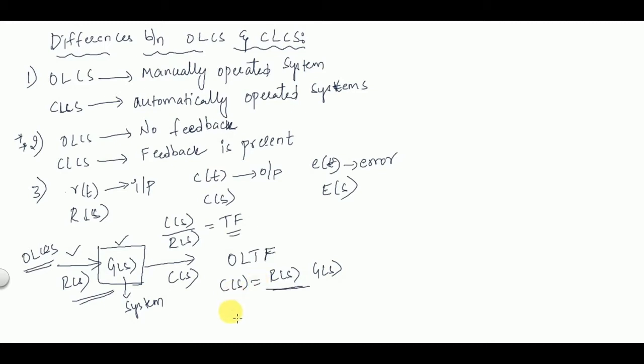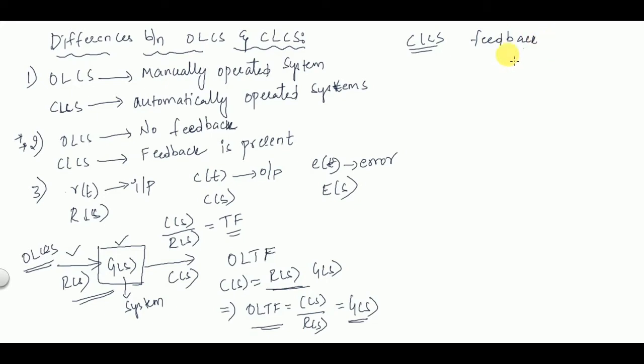Okay, so by this we'll get open loop transfer function is equal to C of s by R of s. So sending this R of s to the left hand side, we'll get only G of s. So this is your open loop transfer function. Okay, but in the case of closed loop control system, there is a feedback mechanism.